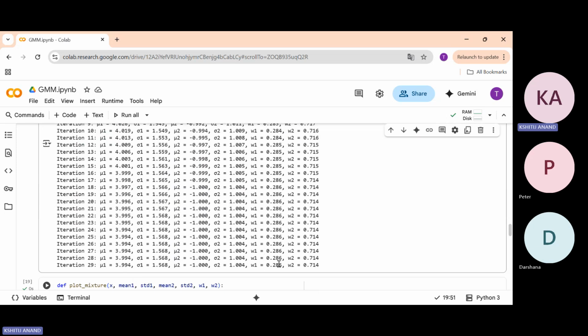So see, though our model didn't know, let me repeat what we did. We had a sample data. We made it through a mixing of two normal distributions, and we passed the sample data to the expectation maximization step of GMM. The GMM does not know all about it.